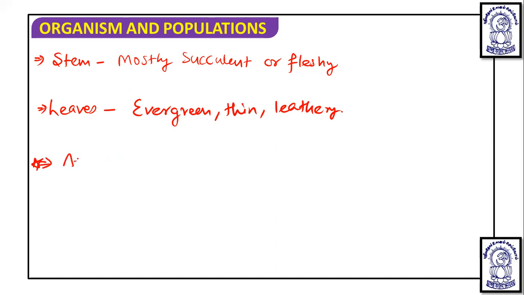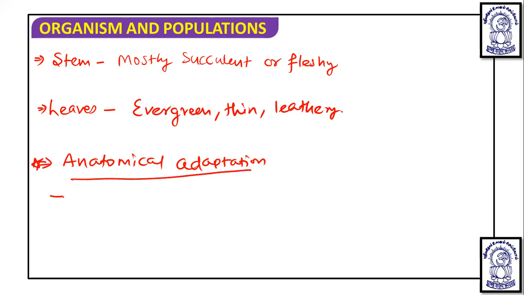Now apart from this, when we talk about anatomical adaptation in halophytes, then we will come to see the presence of thick cuticle on stem to prevent the water loss.